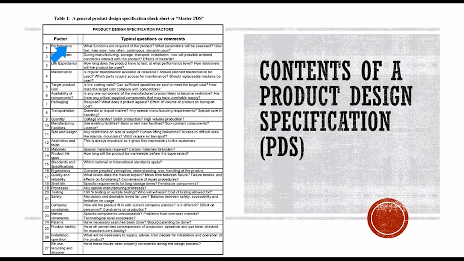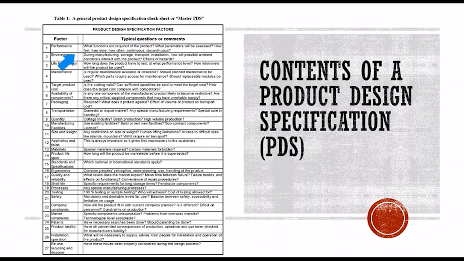For performance, we can determine what it is by looking at the typical question or comment column here. For performance, we need to know what functions are required for the product, what parameters will be assessed, and how fast, how slow, how often, continuous or discontinuous. So this is an example of information related to the performance factor.